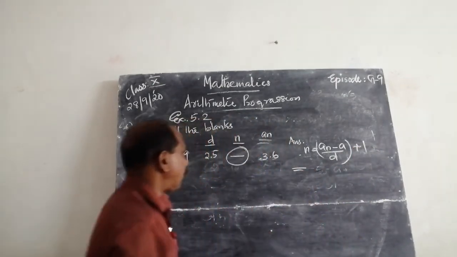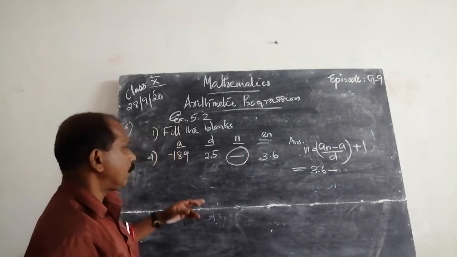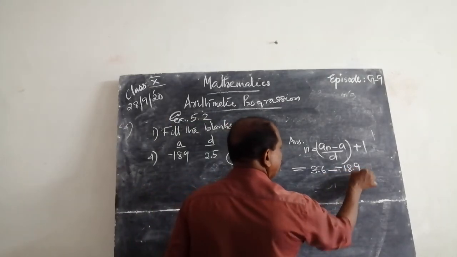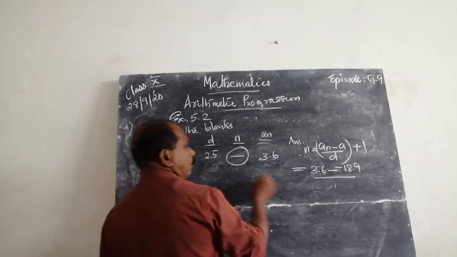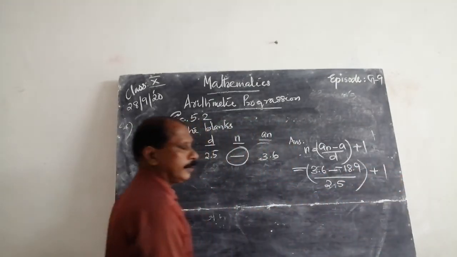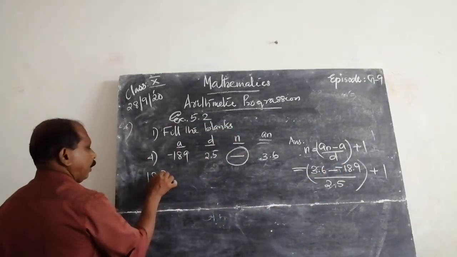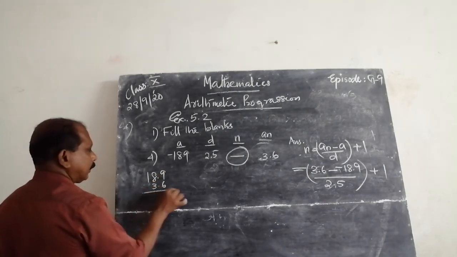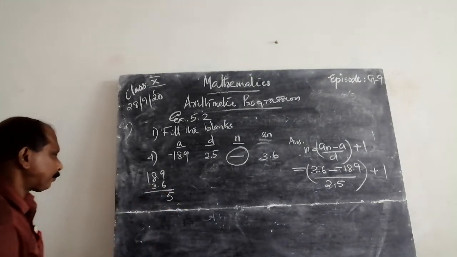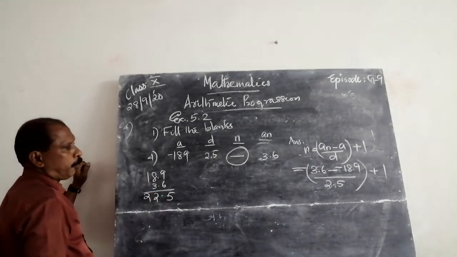That is equal to what is N? 3.6 minus A, minus 18.9, by D, 2.5, plus 1. Okay? Then minus into minus is plus. 18.9 plus 3.6, that is 22.5.